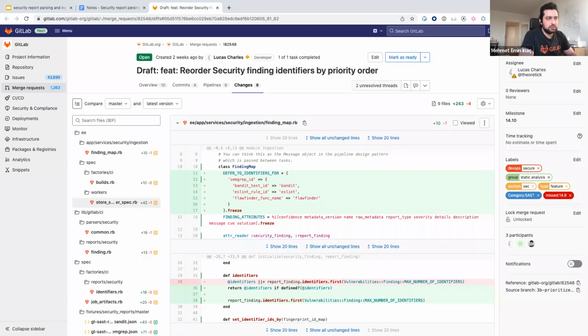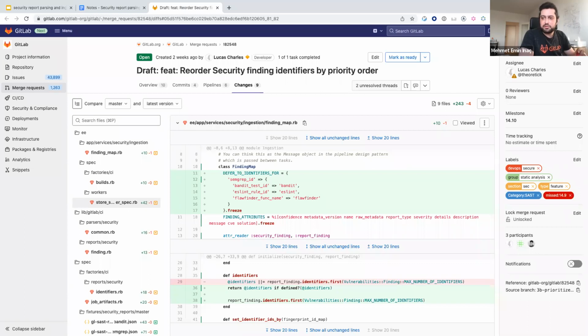I see. With this approach, I can definitely see some race condition problems happen, right? In terms of the same reason that we sort identifiers. Imagine we have multiple jobs running for different pipelines on the same project, and trying to readjust the data.